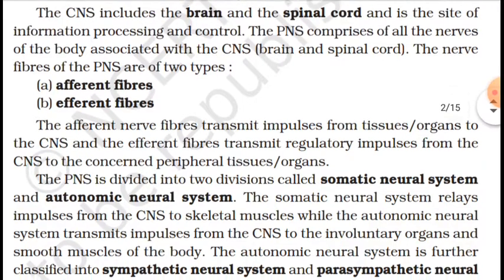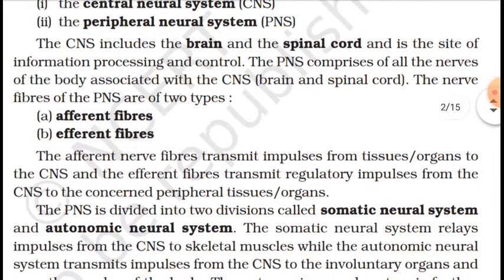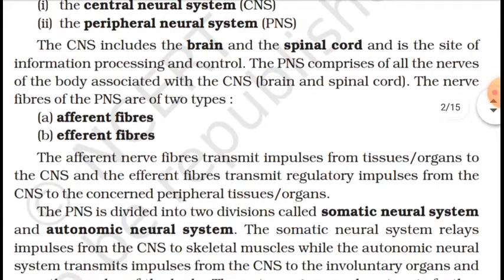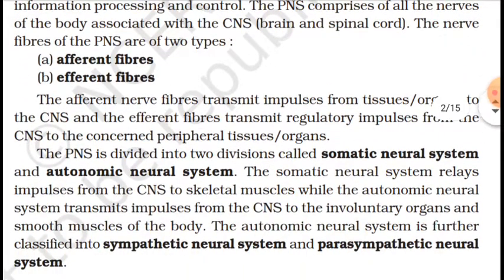So this way, the human neural system is of two types, CNS and PNS. The PNS has two types of fibers, afferent and efferent. The PNS is divided into two divisions, somatic and autonomic neural system. And the autonomic neural system is classified into sympathetic and parasympathetic neural systems.